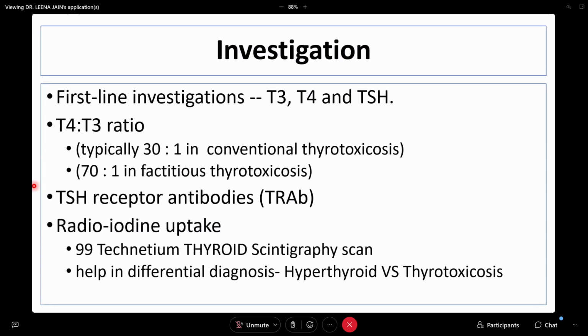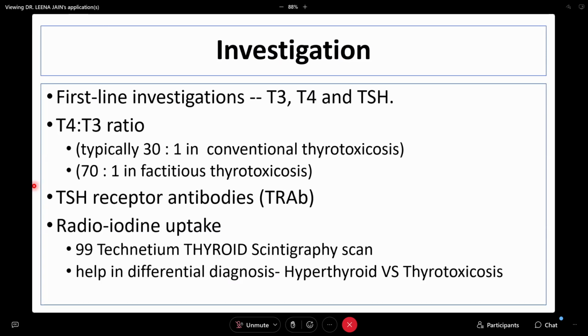When it is very high, and you feel there is extra gain, that means it is not a true report, or some other false things are going on rather than conventional or primary thyrotoxicosis. TSH receptor antibodies we can advise. Then radioiodine uptake scans are very good to differentiate between hyperthyroidism and thyrotoxicosis.